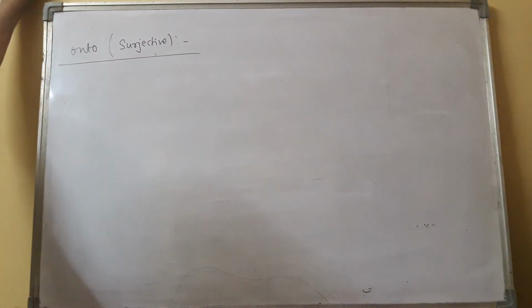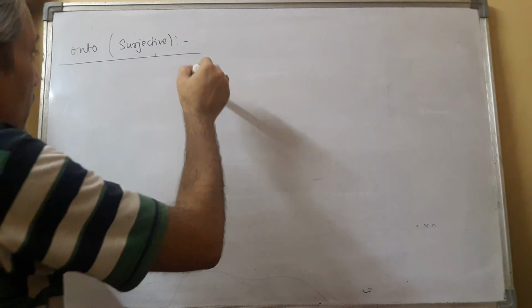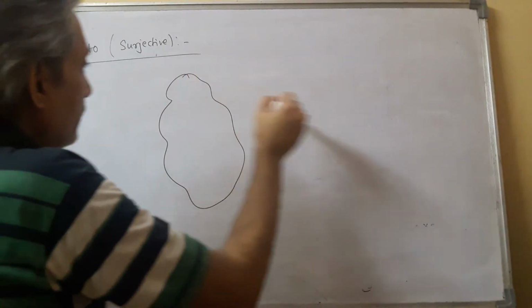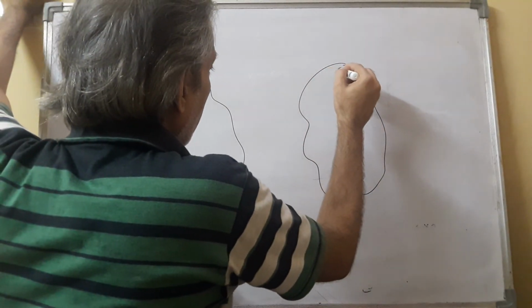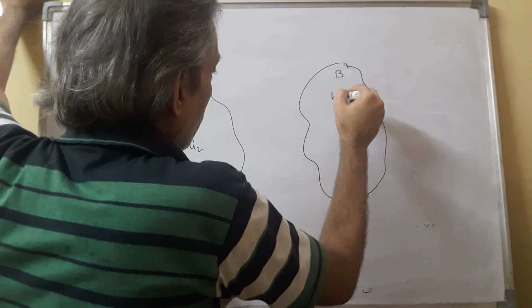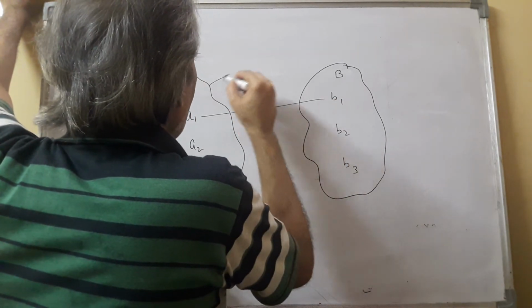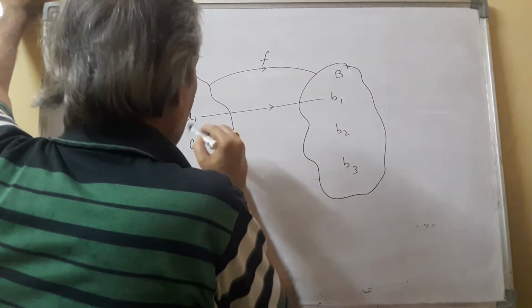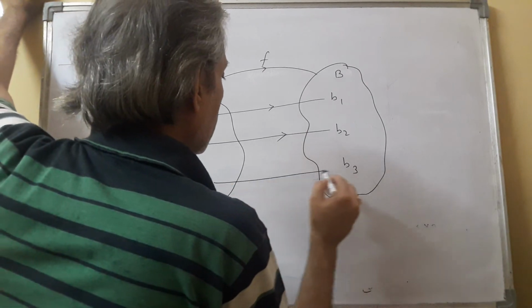A function f from A to B is said to be onto if every element of the codomain set should have a pre-image in the domain set. इसको एग्जाम्पल समझते हैं. कोई रूल है f रिलेट कर रहा है. नाउ A1 की इमेज B1 है, A2 की B2 है और A3 की B3 है.